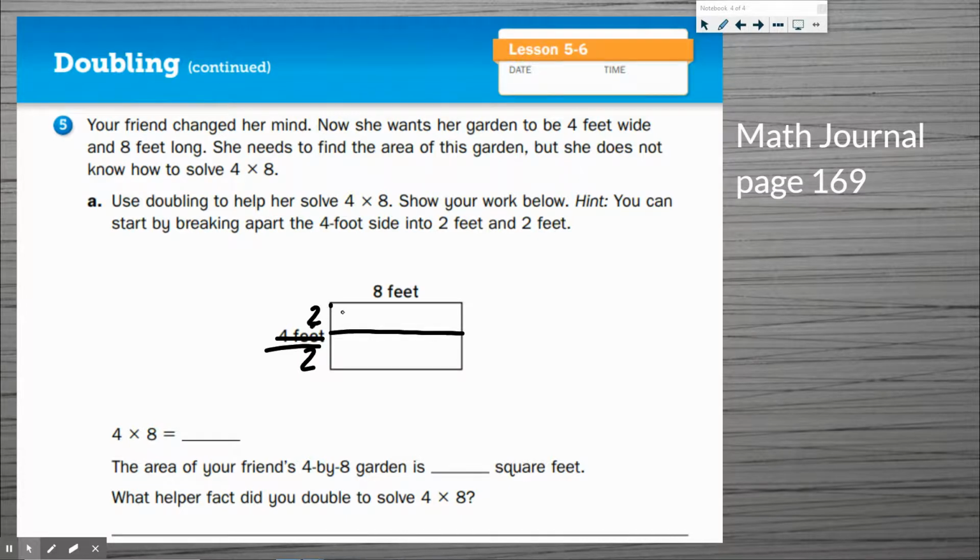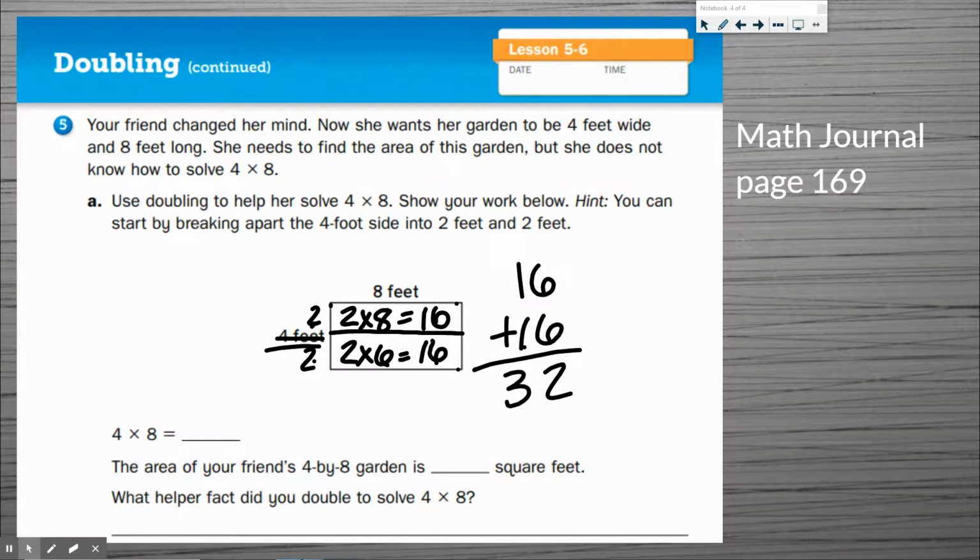So I can do 2 times 8, and that equals 16. So if I know the top is 16, the bottom is 16, I add those two together to get 32. 4 times 8 is 32. The area of your friend's 4 by 8 garden is 32 square feet.